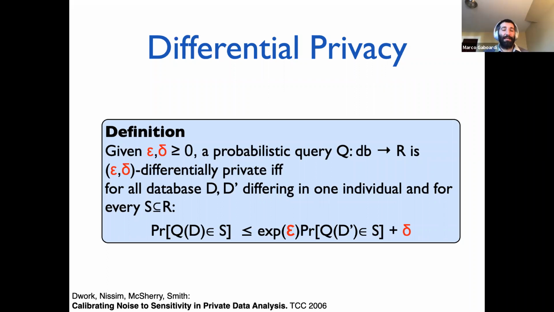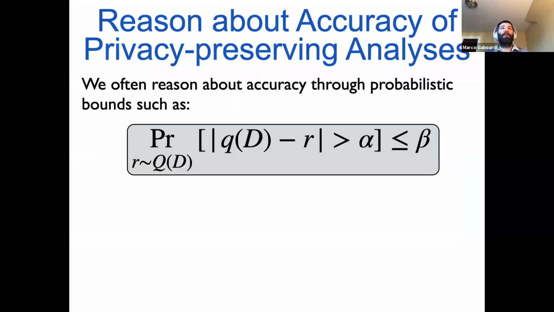Now, the real interest for me connected to this talk for differential privacy is how we reason about accuracy of privacy preserving analysis. Again, we use a statement that is very similar to the one I showed you before.